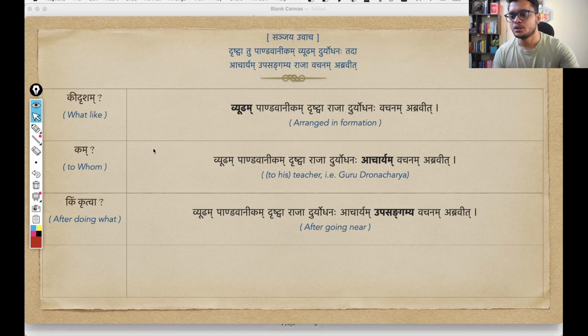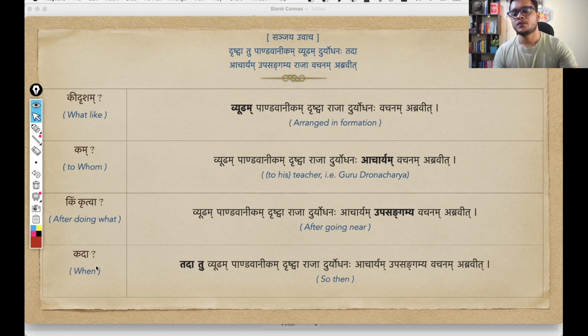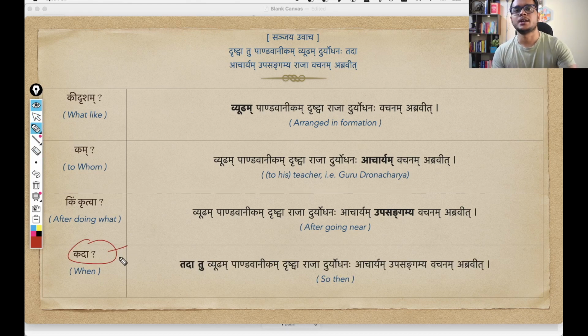Now let's move forward. The final question is kada. Kada means when. Kada is an avyay, an indeclinable, and it means when. The answer is tada, then. This shloka is the response Sanjay is giving to Dhritarashtra. When Dhritarashtra asked him, Sanjay, what did all the warriors do after they gathered in the battlefield?